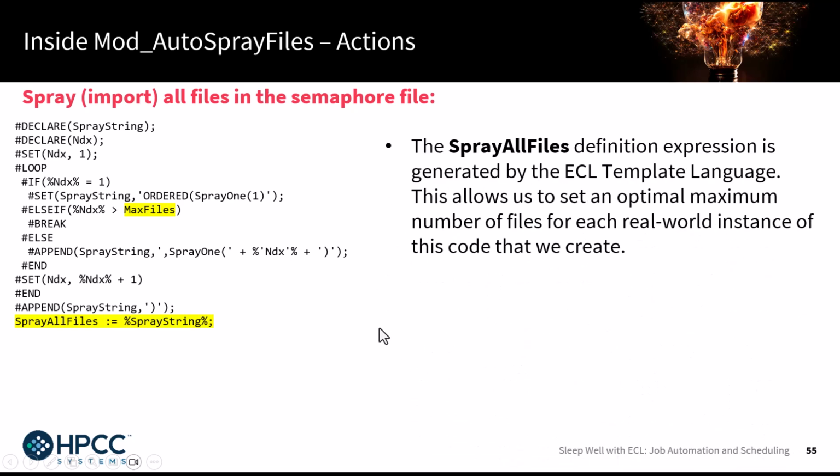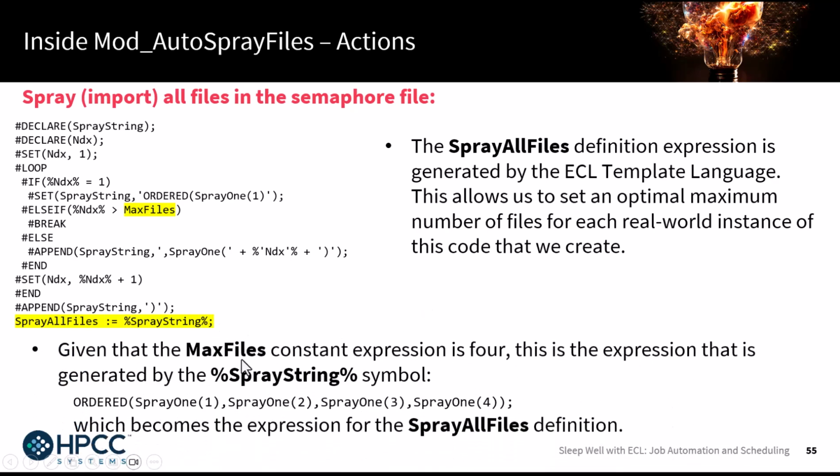Once again, you've got a spray all files definition at the very bottom that is going to generate and construct this spray string. The spray string, as you see below here, has this ordered statement, and this is what actually will get generated by the template language. Kind of a clever way of doing this.